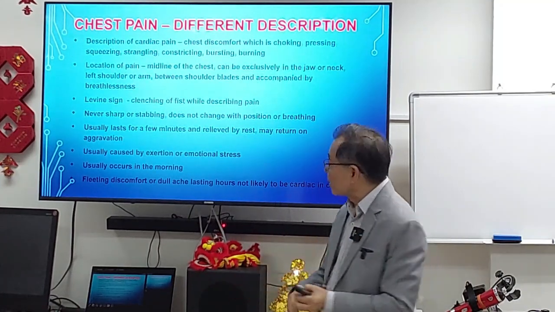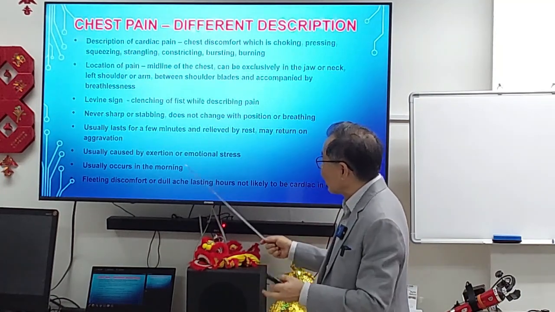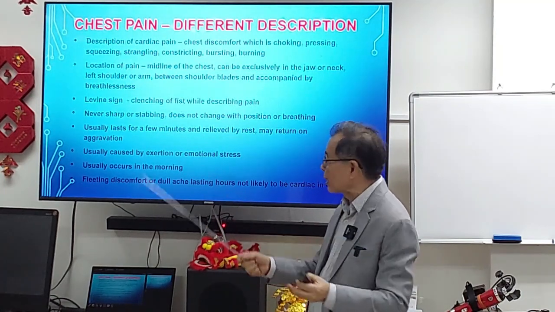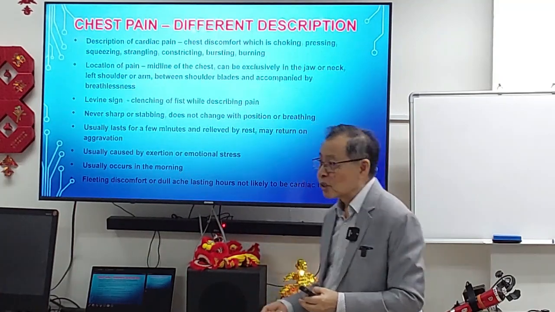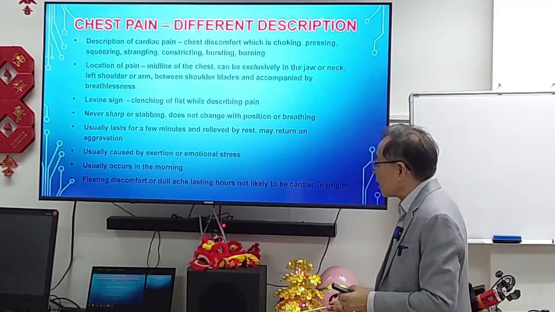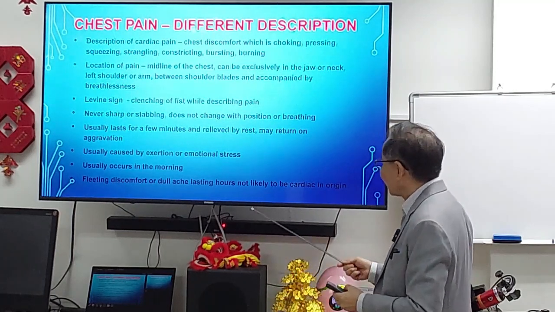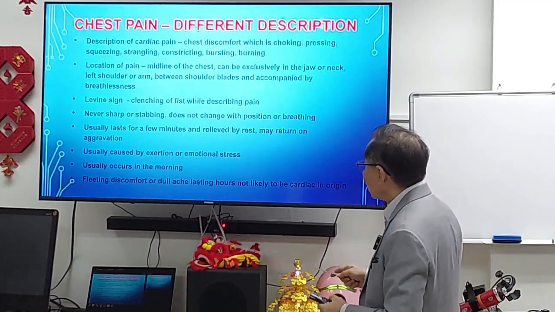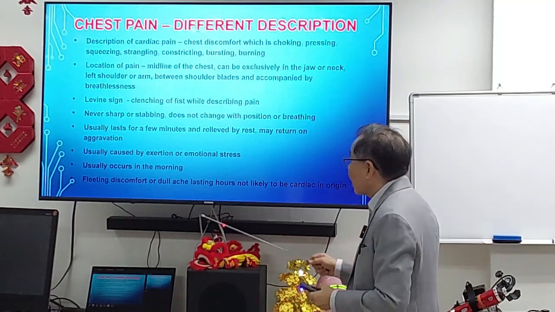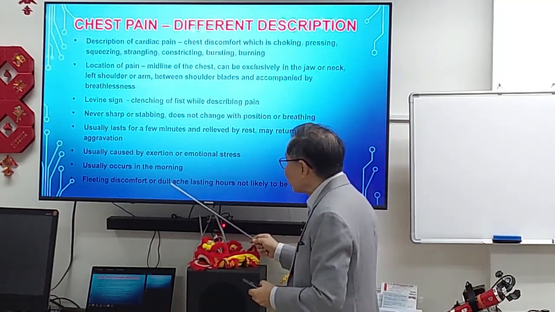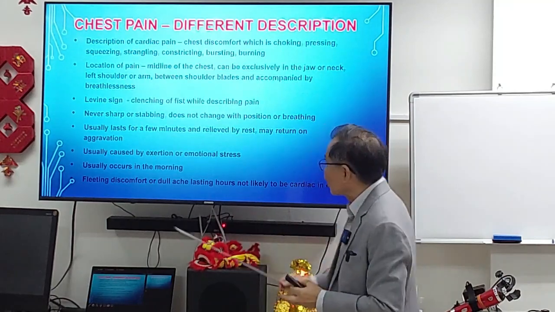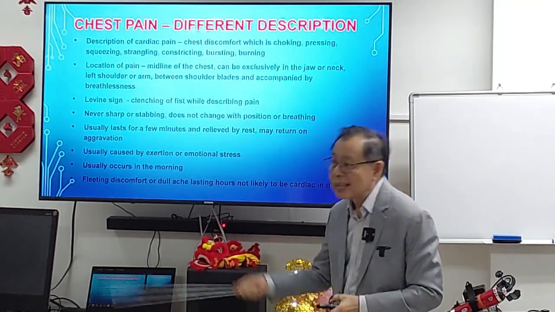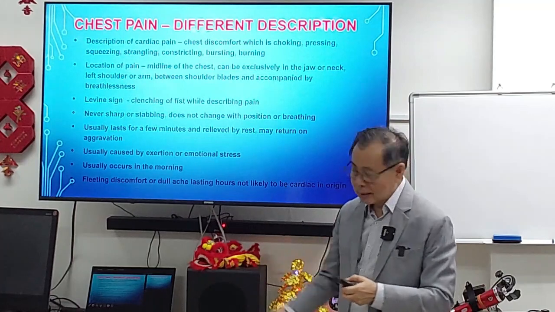When you rest, it gets better. And then if you exert yourself or you're under stress, it comes back again. And usually it occurs in the morning. That's why a lot of heart attacks are in the early hours of the morning. But if it's a dull ache that lasts for a very long time, it's not likely to be a heart attack, because a heart attack will improve and then come back again when you exert yourself.